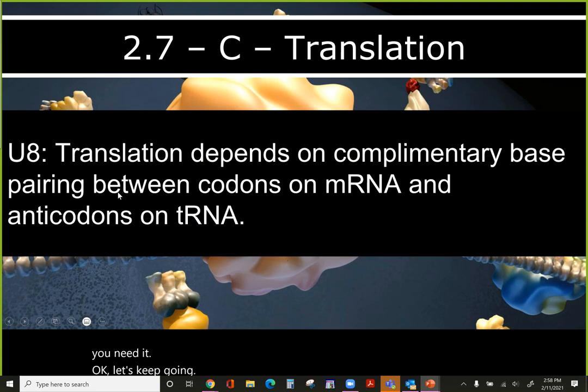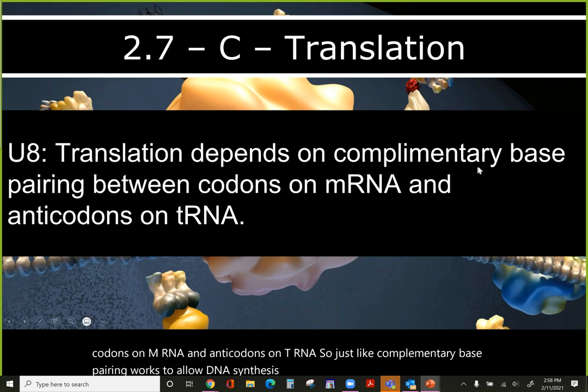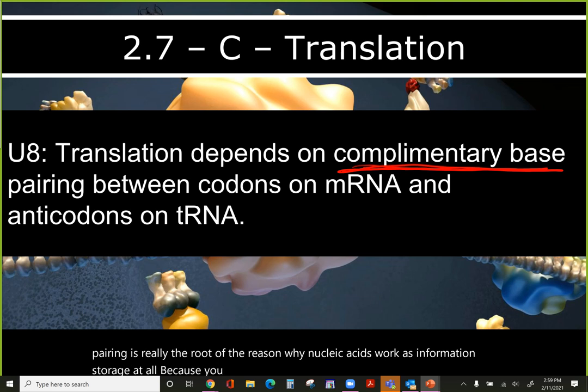Understanding number 8. Translation depends on complementary base pairing between codons on mRNA and anticodons on tRNA. So just like complementary base pairing works to allow DNA synthesis to happen, right? Complementary base pairing is really the root of the reason why nucleic acids work as information storage at all, because you always have a predictable template by which information is going to be carried.